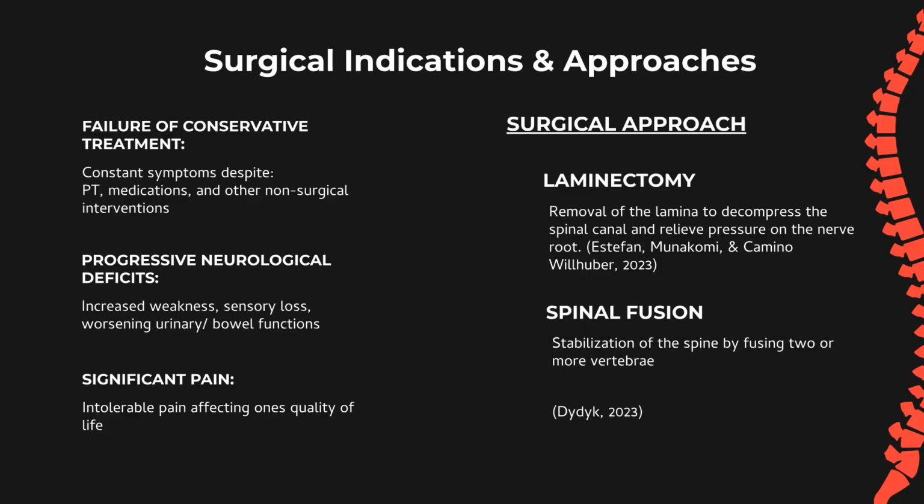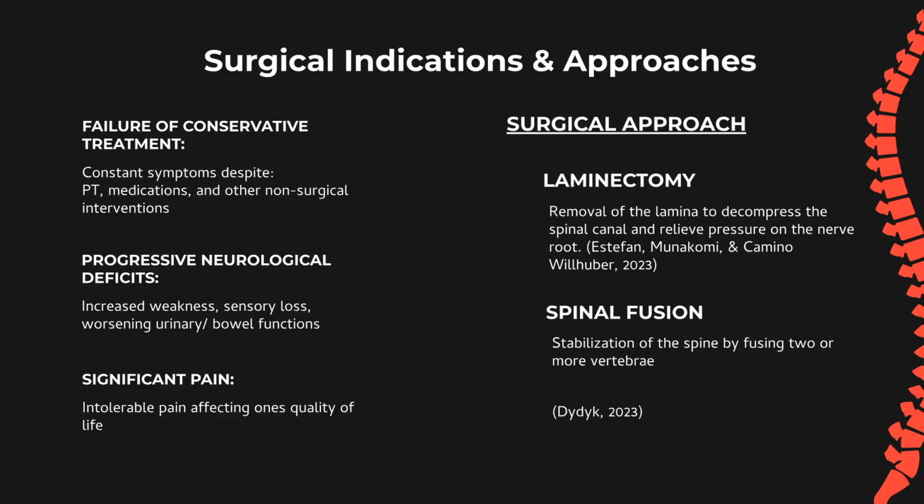And lastly, here are some surgical indications of why you would potentially need surgery. You can have failure of conservative treatment, constant symptoms despite doing PT, being on medications, or following other non-surgical interventions. You can also have progressive neurological deficits, increasing weakness, sensory loss, motor loss, and worsening urinary and bowel function.